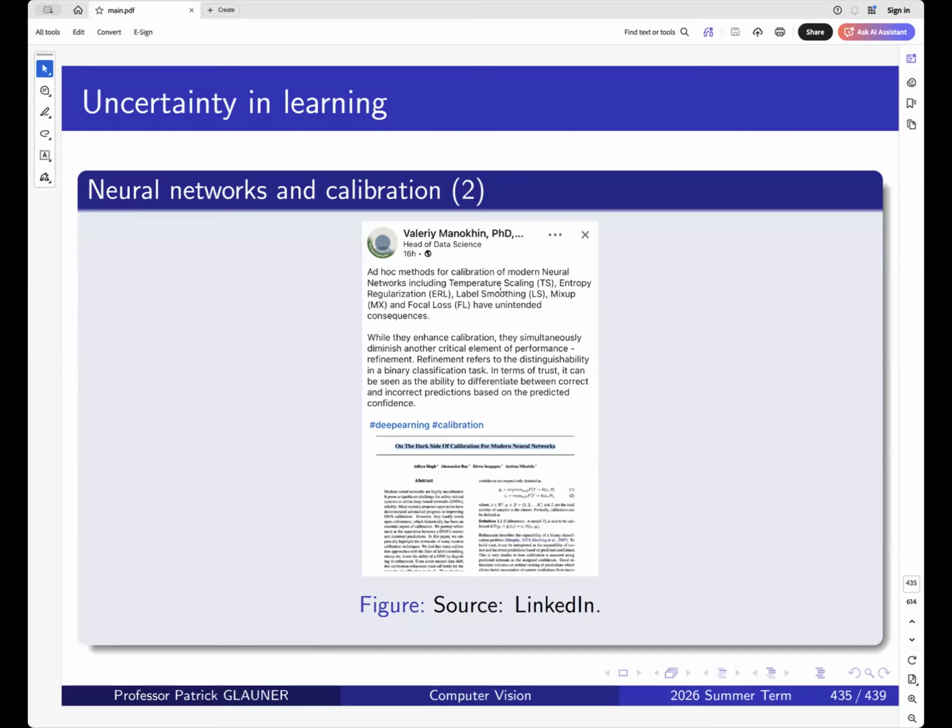Usually, I don't put LinkedIn posts in my lecture slides, but there's Valeri, who is very famous on LinkedIn, and he posts a lot about conformal prediction, calibration, and trust in machine learning. I follow him. If you're on LinkedIn, I can recommend you follow his posts. I feel he's very much in this frequentist world.